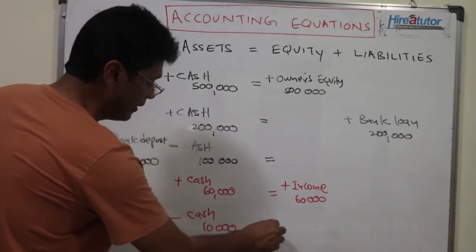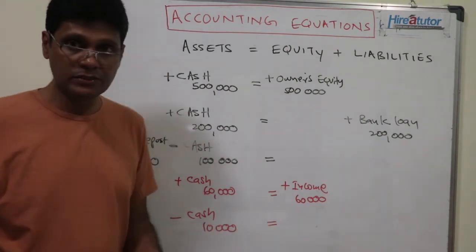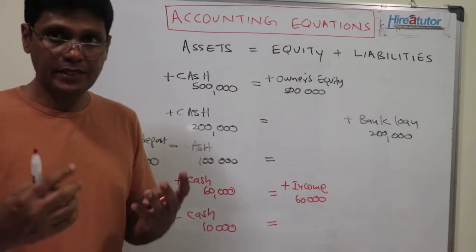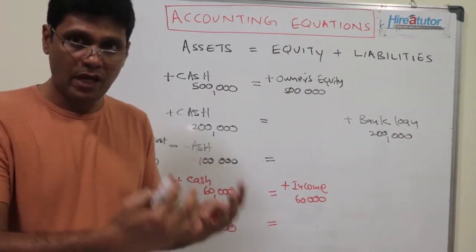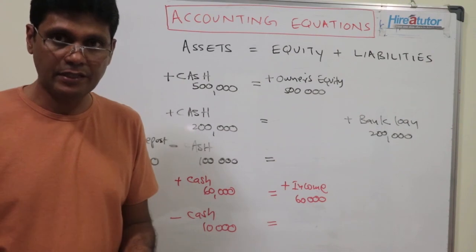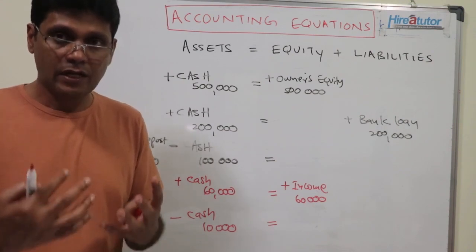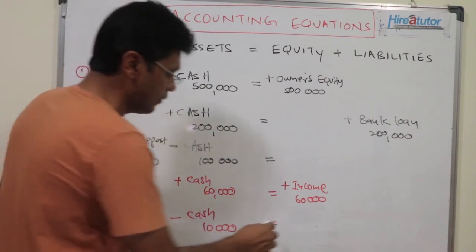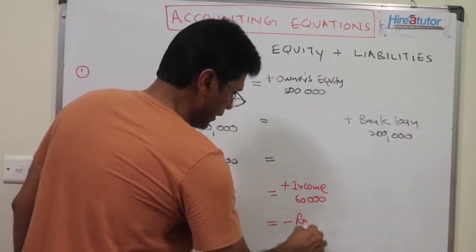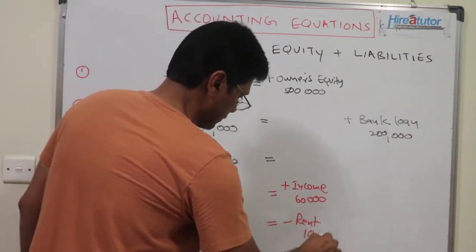On the other hand, it's an expense to the business. All the expenses will have to be borne by the owner. So on behalf of the owner, the company has paid 10,000. Therefore the company's liability towards the owner will reduce by the rent expense of 10,000.